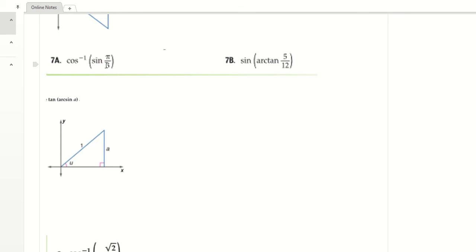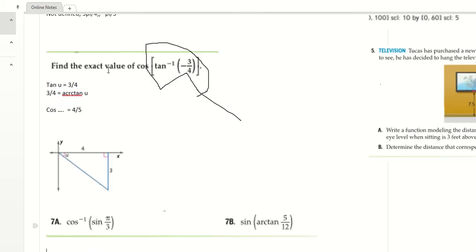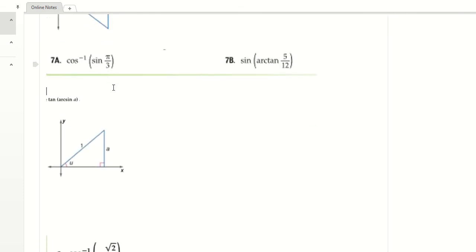This is the theta, right? Theta is telling us what? It's telling us that it's 30 degrees. So when we take cos inverse of this, what are we gonna get for the answer of 30 degrees? Right?